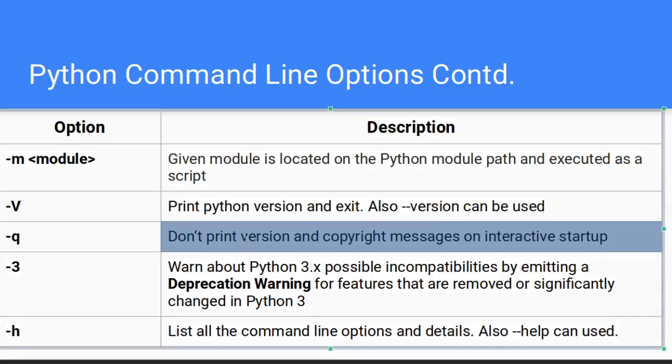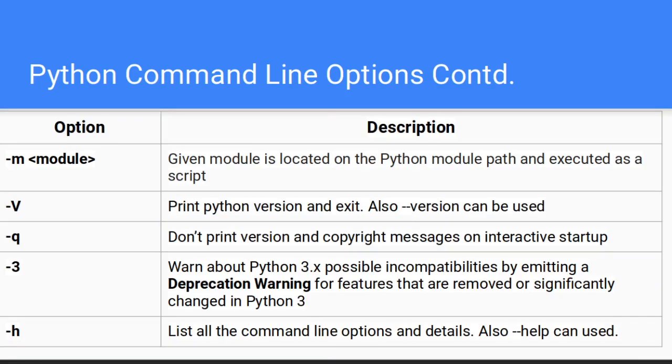We can print quiet. So now Control C to escape that web server. Now if we just type in python, remember before we typed in python -V, and it just told us the version.